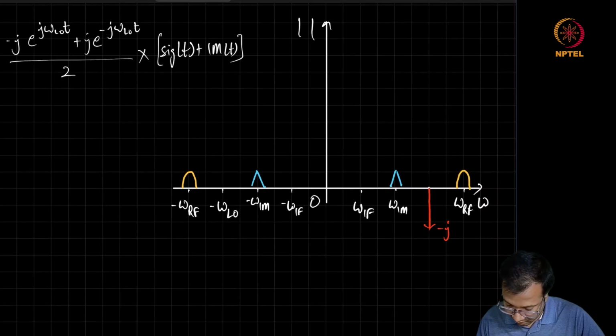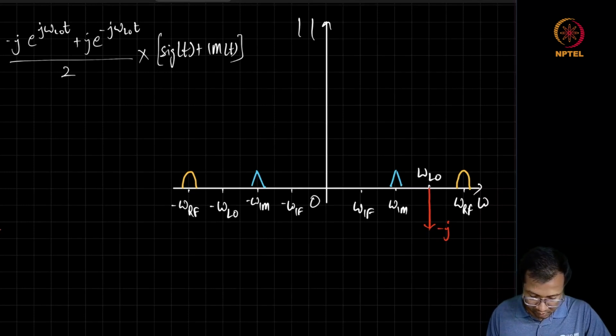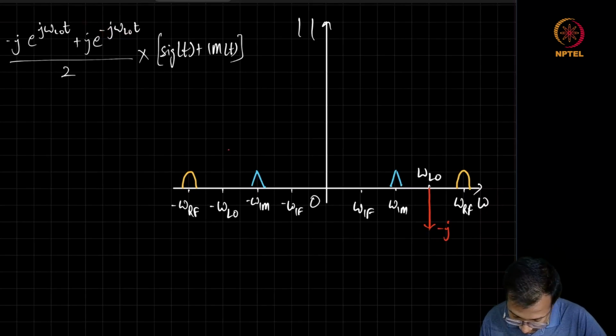And this is appearing at omega LO. Similarly, if I check the signal which is at minus omega LO, it is getting multiplied by plus j.